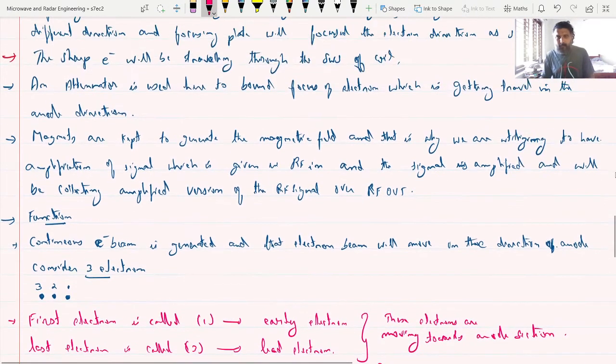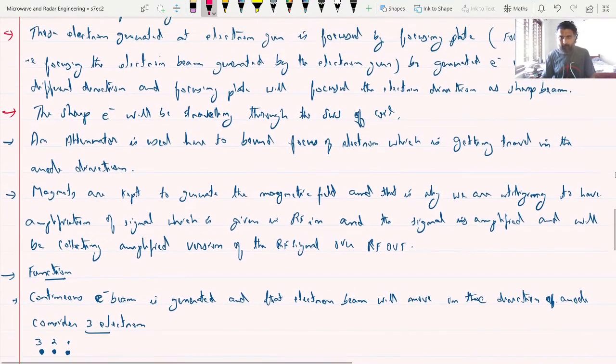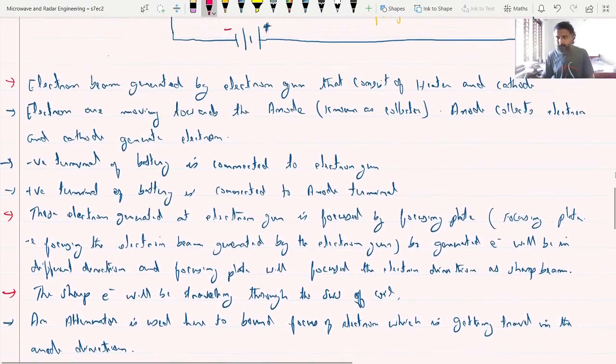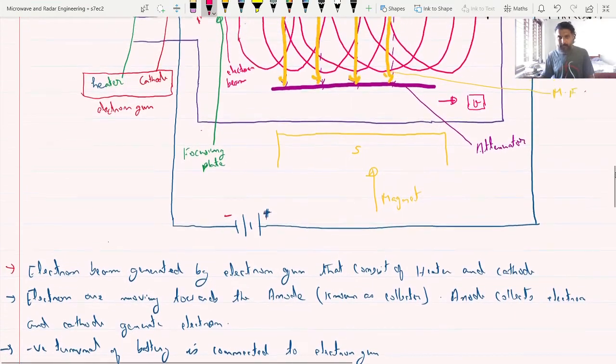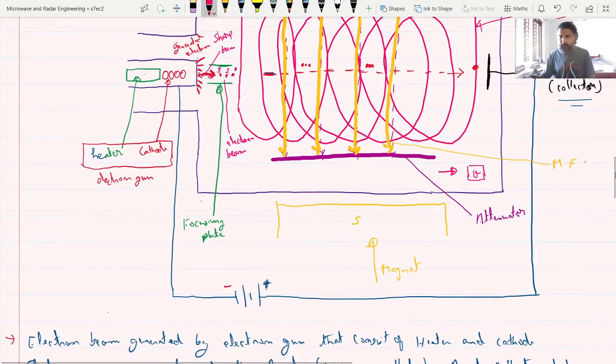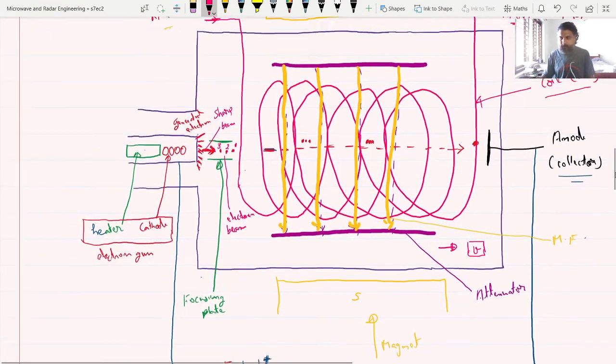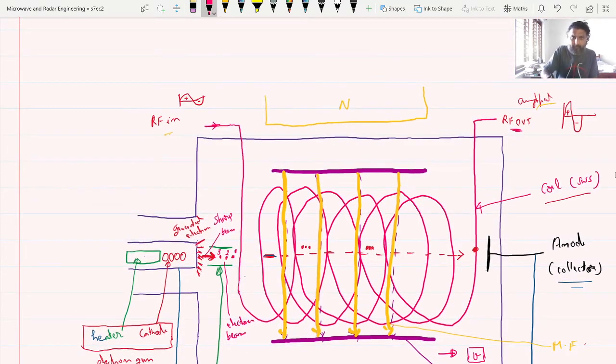So this is the working function as I am explaining here. I will just apply a weak AC signal here. You can see that a weak signal I have applied. This weak AC signal is applied at RF in.